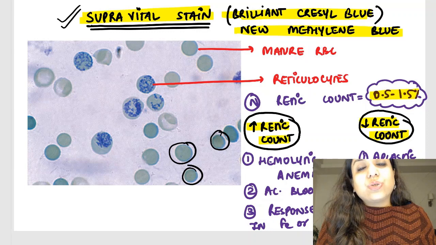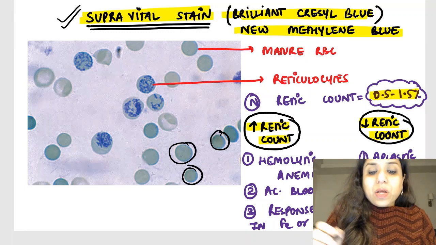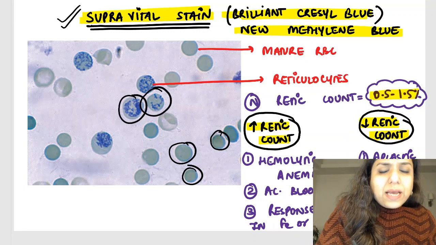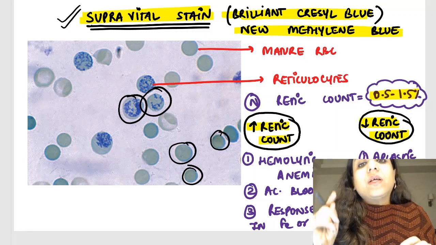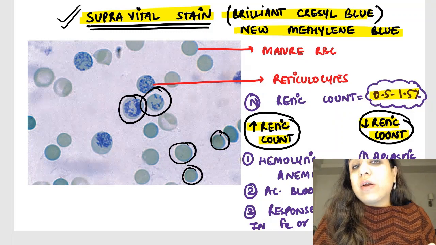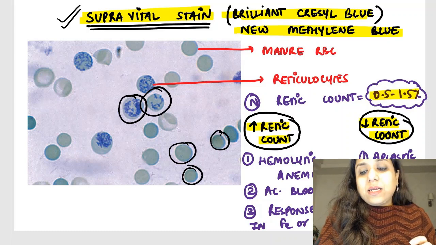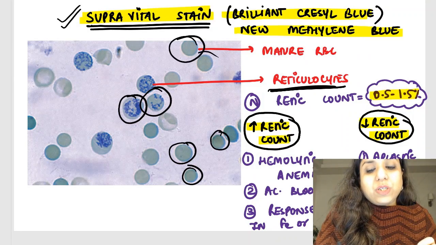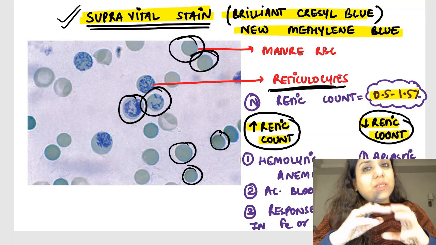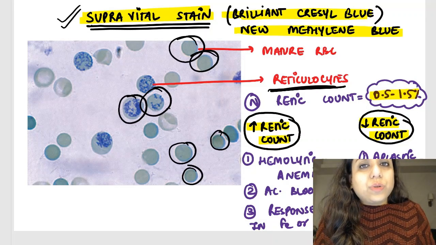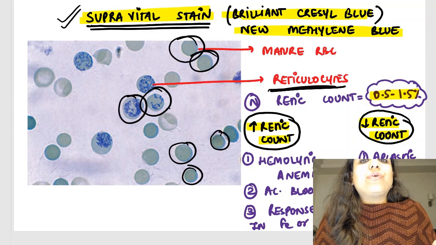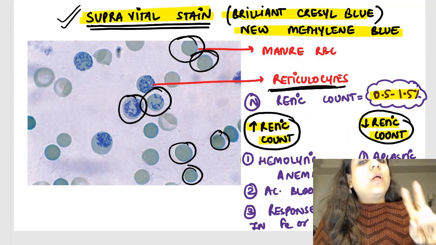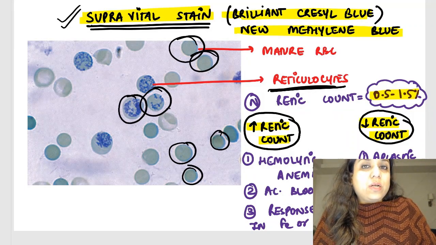These rounded structures are the RBCs, right? In these RBCs, can you see some meshwork? This meshwork, students, is composed of RNA or histones, and these cells are the reticulocytes. So these are mature RBCs, and these with something in them are reticulocytes. When the examiner gives you a blue stain, two of the blue stains are important and come in your exam.